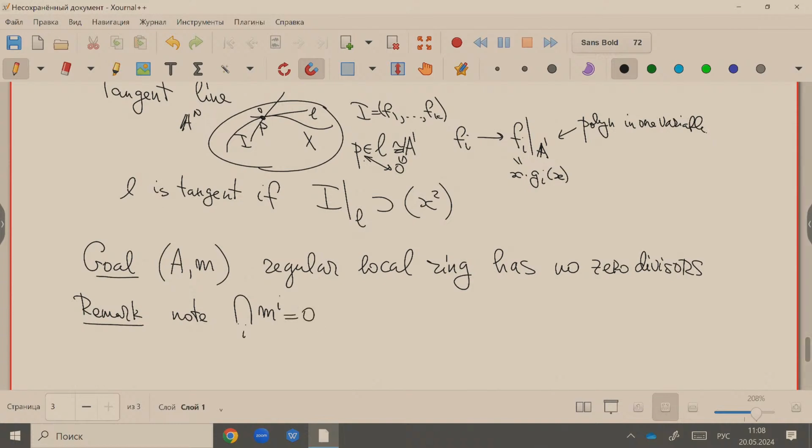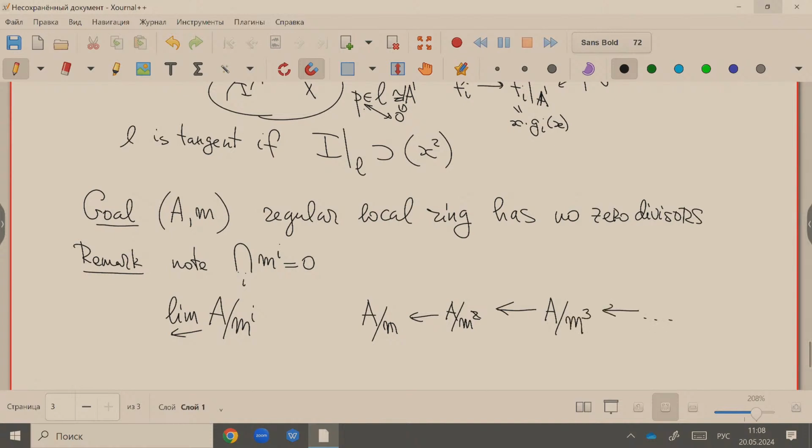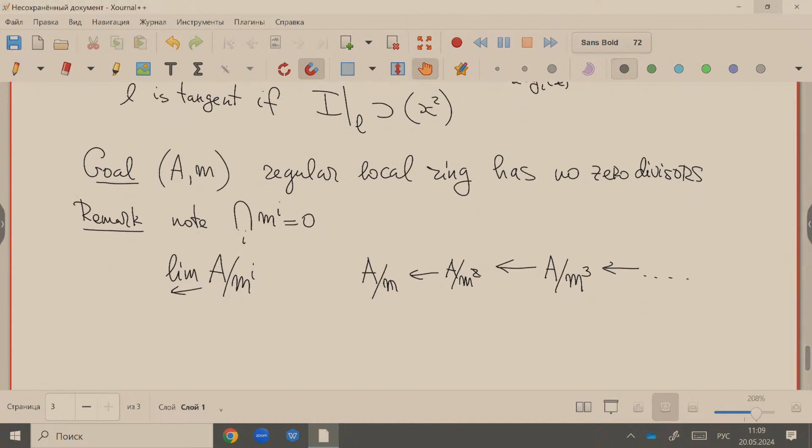So you may take the limit of A modulo m^i, meaning that you have a sequence A mod m, A mod m square, A mod m cube, and you can consider the limit, which is a collection of elements that map to each other.